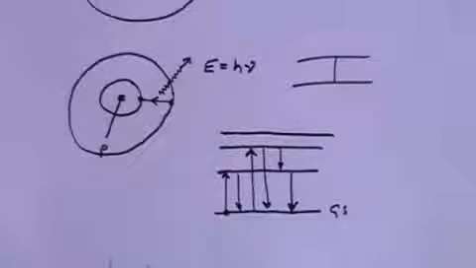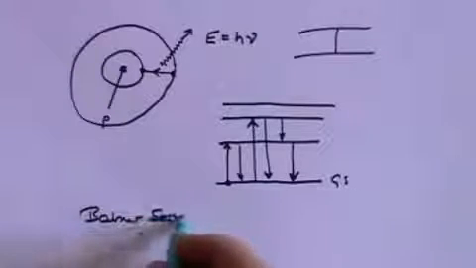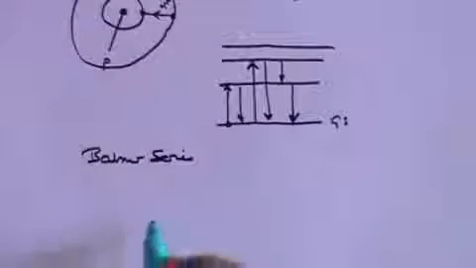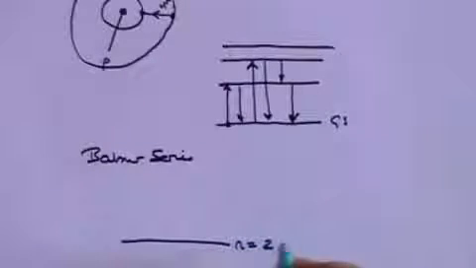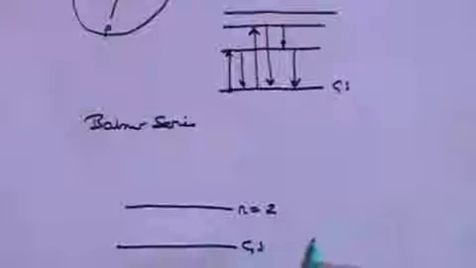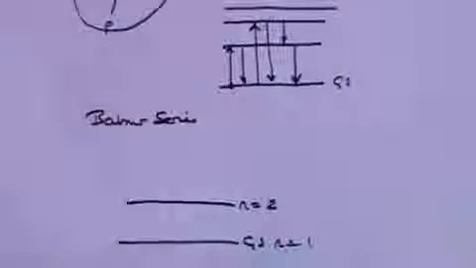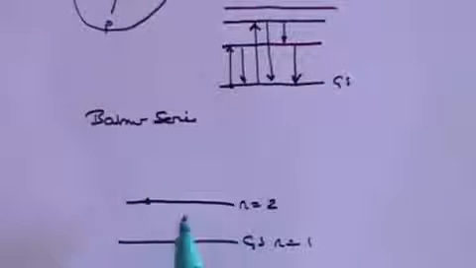Now, we discussed in another video that I did what's called the Balmer series. This is the series where the electron starts and finishes in the n equals 2 shell, not the ground state, which is n equals 1. There's enough energy for electrons already to be in the n equals 2 shell.